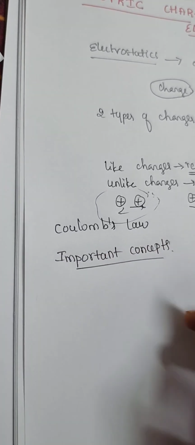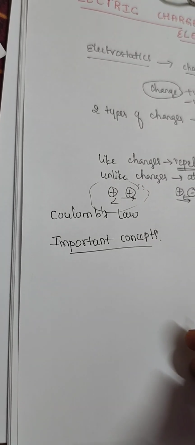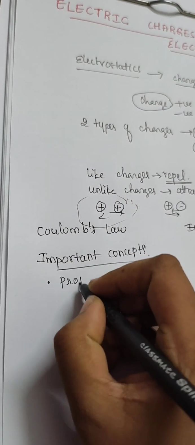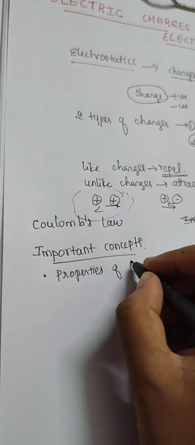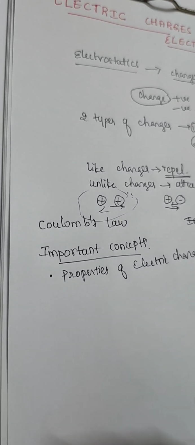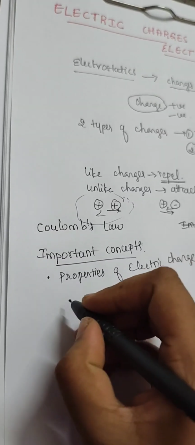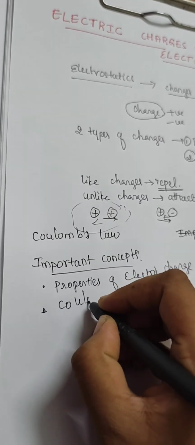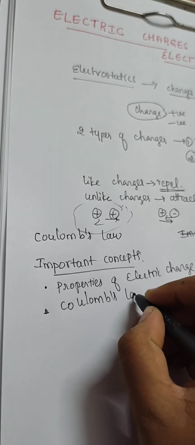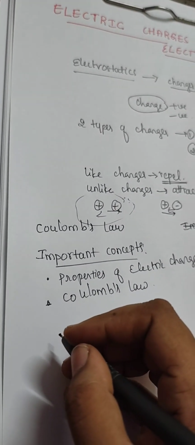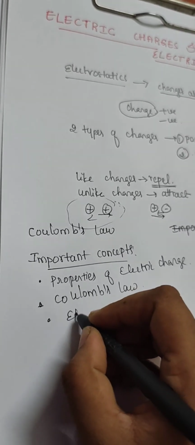The concepts we are going to discuss in this chapter are the properties of electric charge and its behavior, Coulomb's law, the principle of superposition, and the concept of representation of electric field.